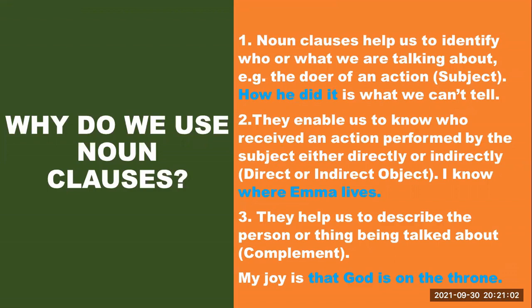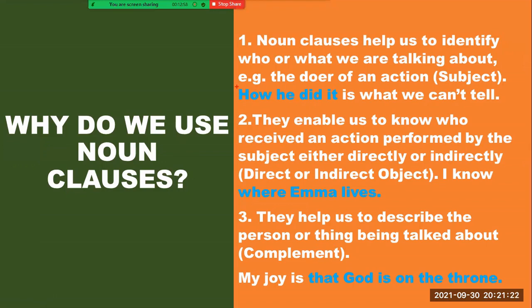And that is what we call the subject. The subject is the doer of the action reported within a sentence. Now, for example, how he did it is what we can't tell. How he did it is the noun clause here.